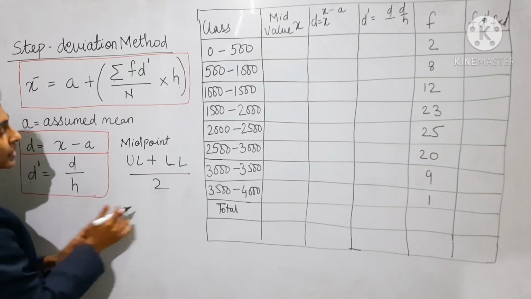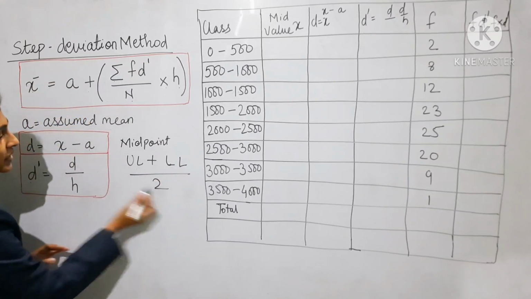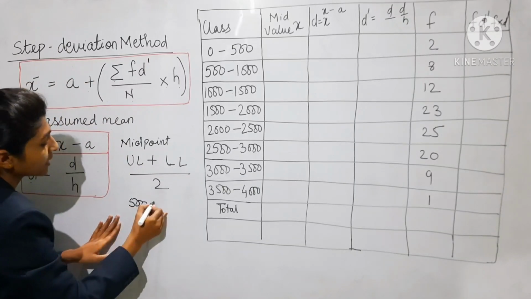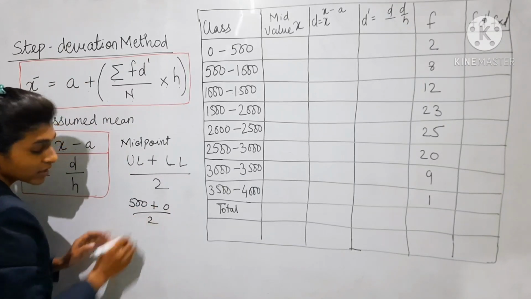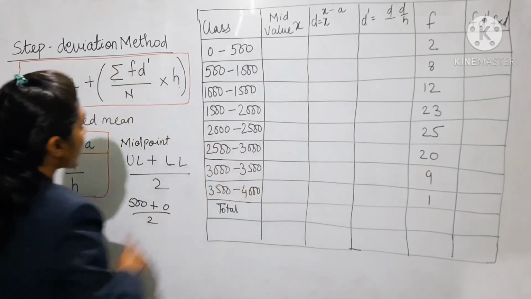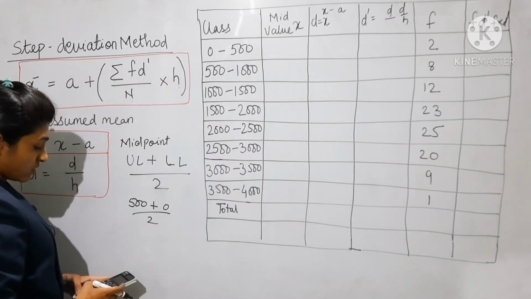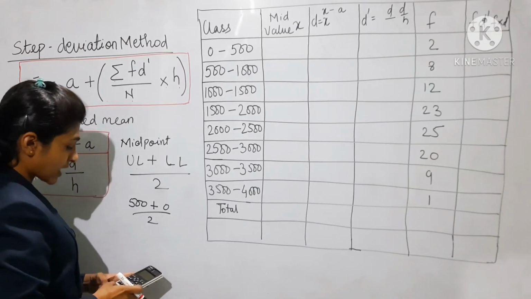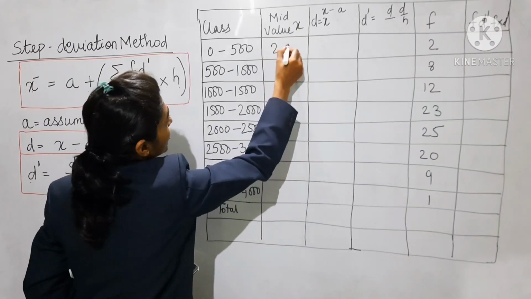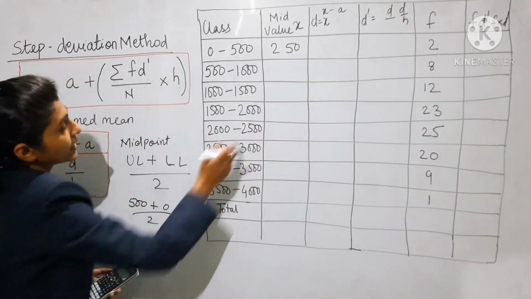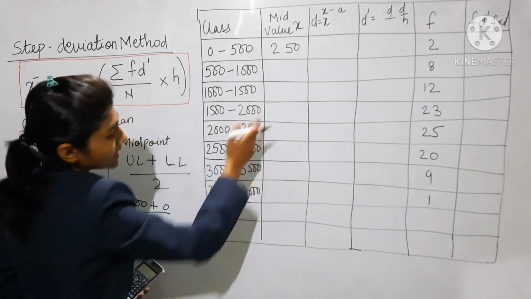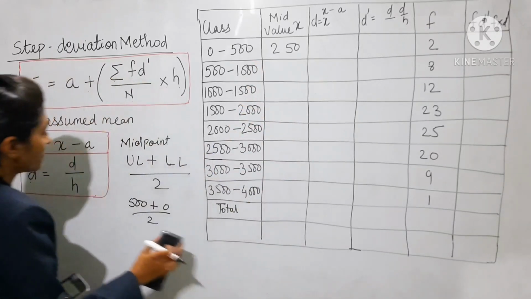UL means upper limit, LL means lower limit. For the first class, 500 plus 0 divided by 2, the mid value is 250. For the remaining classes, you find the mid value the same way.